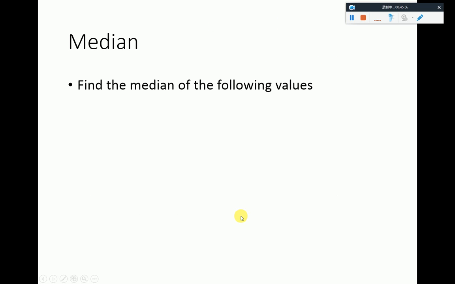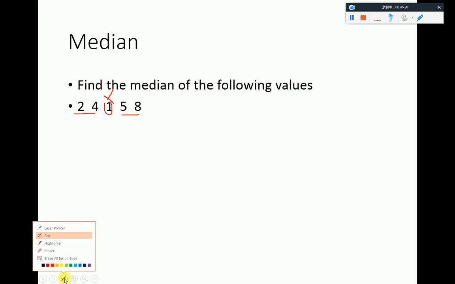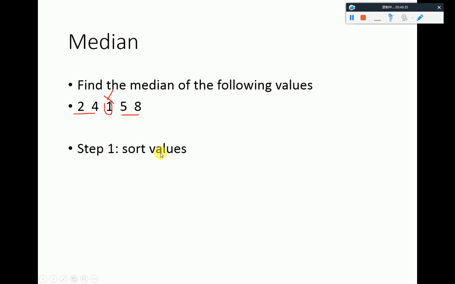Let's say, find the median of the following values: 2, 4, 1, 5, 8. Because the median is 1, because it is the value that divides the sample into halves, two values in each half, then 1 must be the median. Well, wrong. 1 is not the median, because if you do this, you ignore the very important first step, and that is to sort values into a certain order.